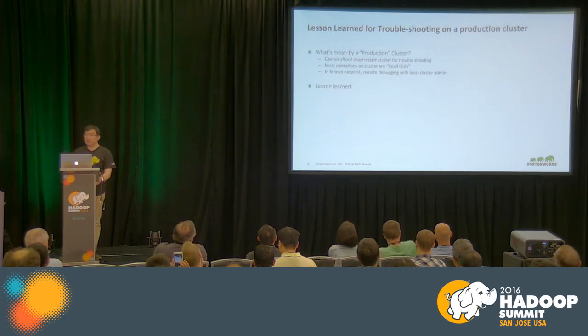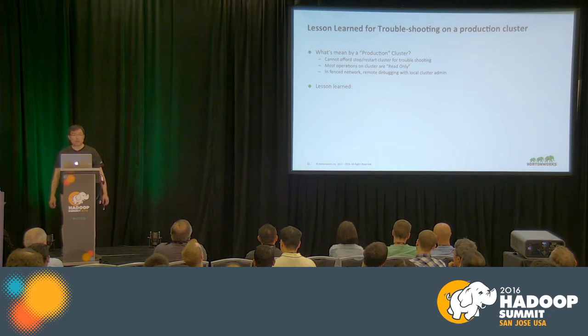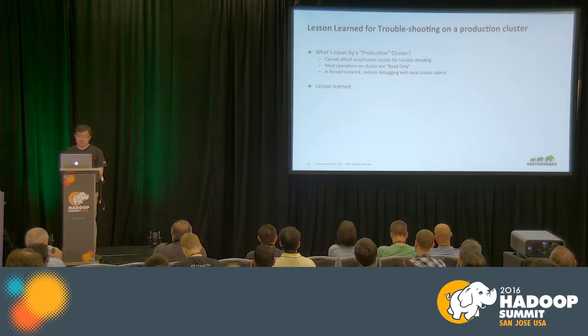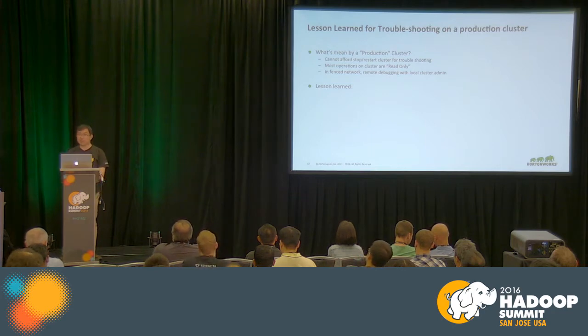The lesson we learned from troubleshooting on production clusters is, first, what it means to be a production cluster. You cannot simply stop and restart the cluster in production just for troubleshooting. Most operations on the cluster are read-only: we just check things, but we cannot easily change or update the configuration or the state of the cluster.